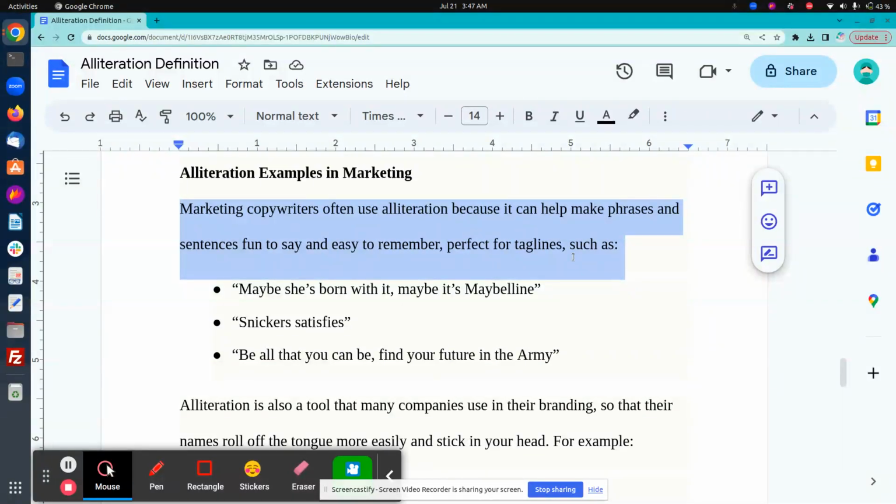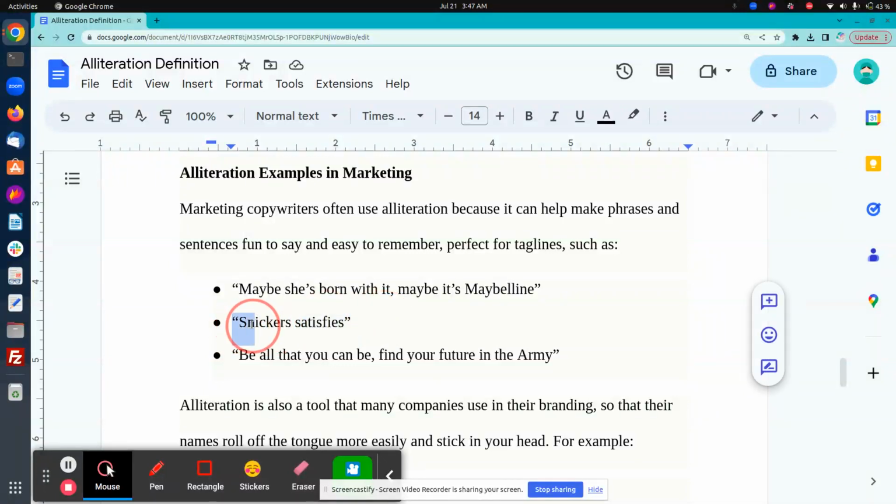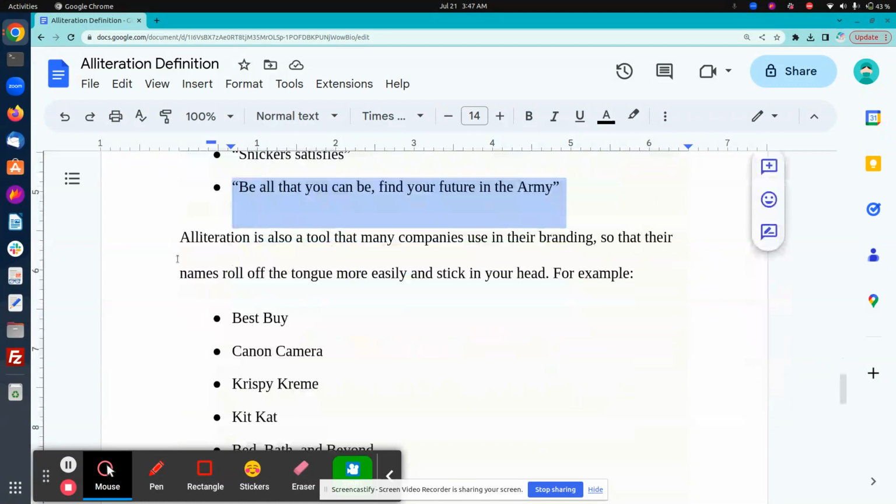For example, "Snickers satisfies." It will be remembered because it contains the same sound. "Maybe she's born with it, maybe it's Maybelline." "Be all that you can be." "Find your future in the army." Again the F sound is coming.